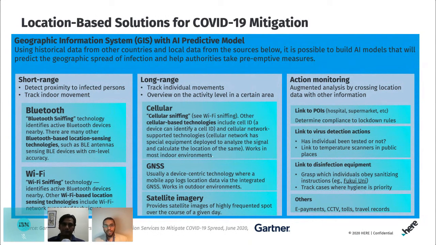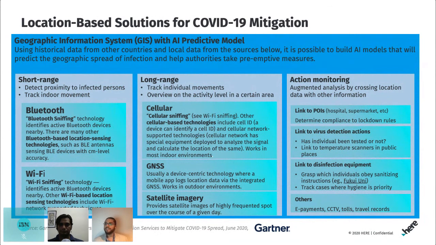Also the long range, so if you need to have an overall view of the situation using different technologies like cellular data, GNSS, satellite imagery. I think we'll talk quickly about this terminology very soon. And also you can use location intelligence out of this data.